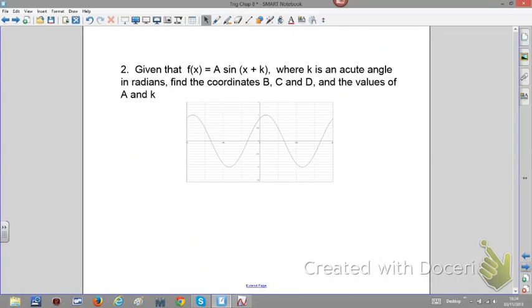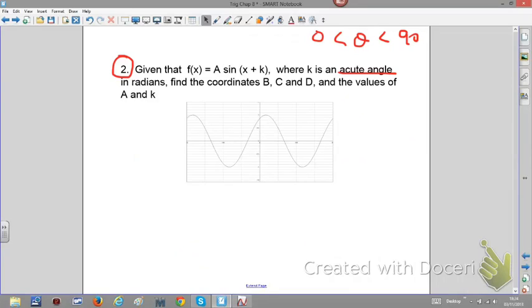The second question I'd like you to have a look at is this one here. So given f of x is the function a sine (x plus k), where k is an acute angle. An acute angle means that it's less than 90 and greater than 0.